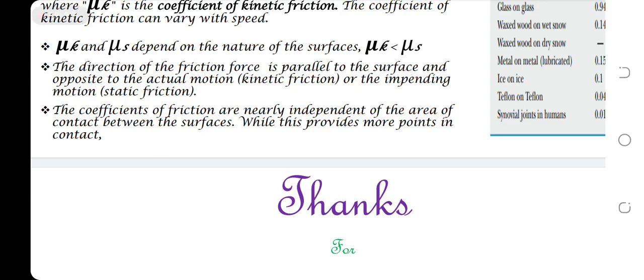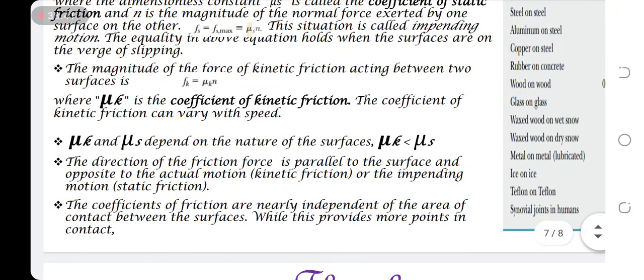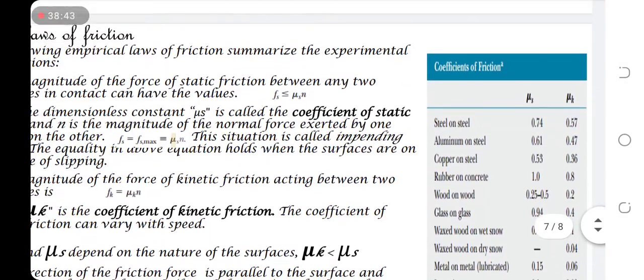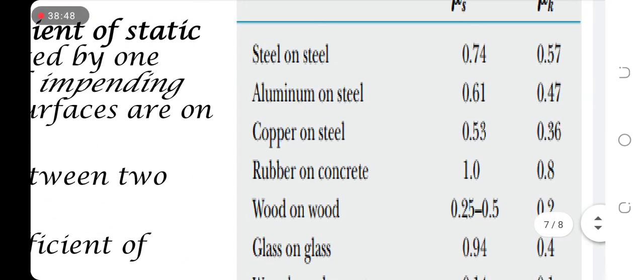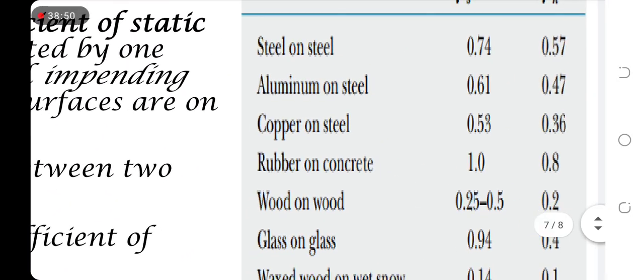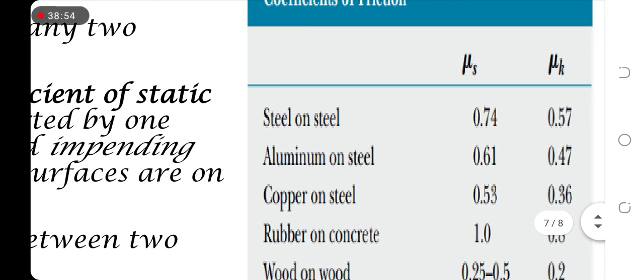While this provides more points of contact, this is a table taken from a textbook, showing different materials and the values of mu s and mu k for different surfaces.